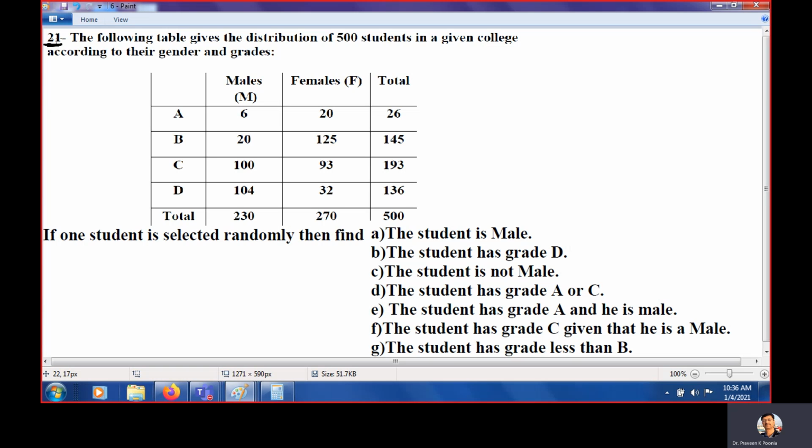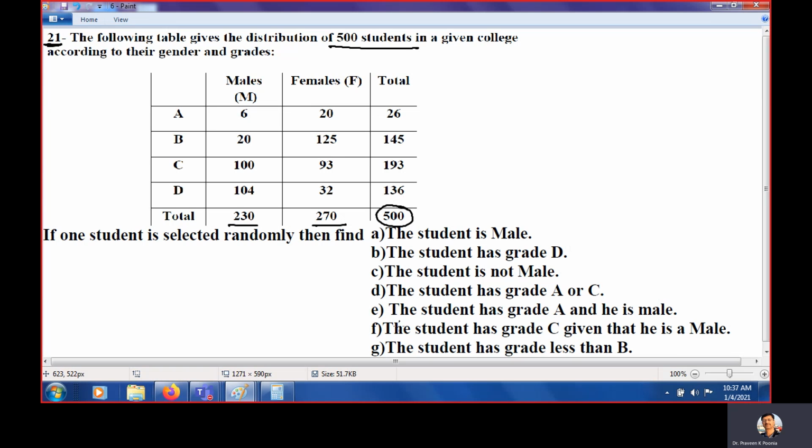The same question is here. What is the question? That there are 500 students. These are 230 males, 270 females, total 500. And in the exam, 26 students got grade A, 145 grade B, 193 grade C, 136 grade D.